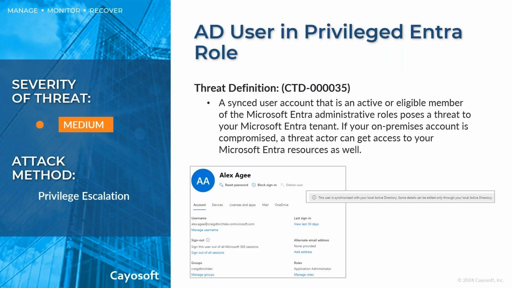If we look at an AD user in a privileged Entra role, first of all, what does that mean? Now I have an account that started on-prem. We synchronize that account, so it's a hybrid account, and I now add it to a privileged Entra role. Well, why is this a problem? Now I can attack both Entra ID as well as on-prem Active Directory. So from a defense perspective, I have two control planes that I need to defend.